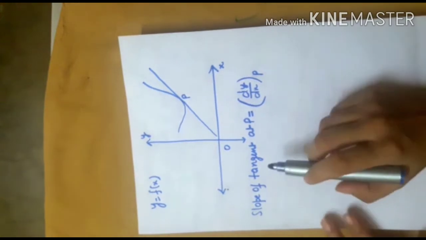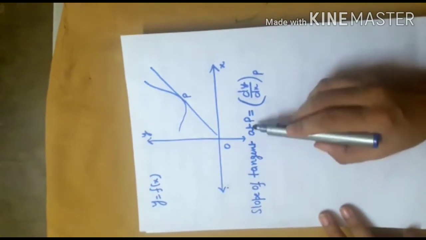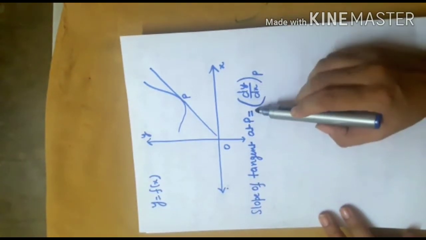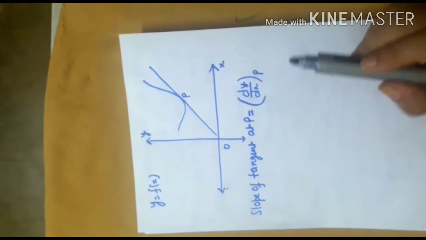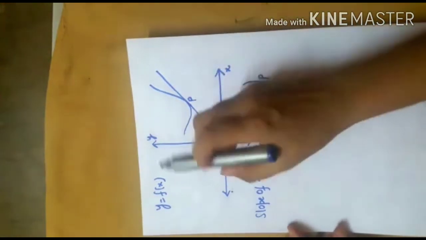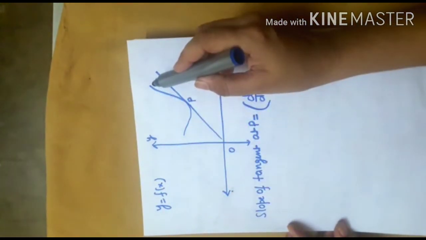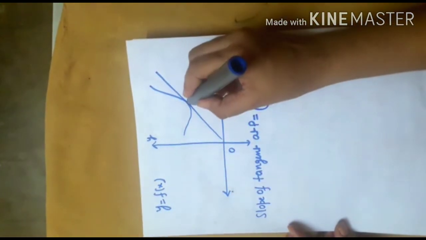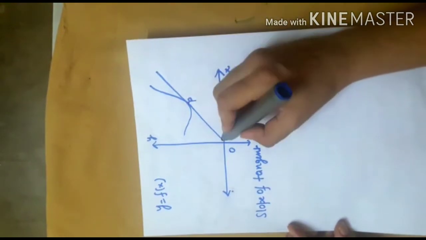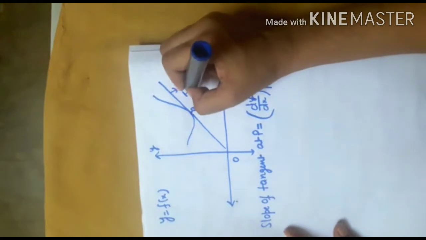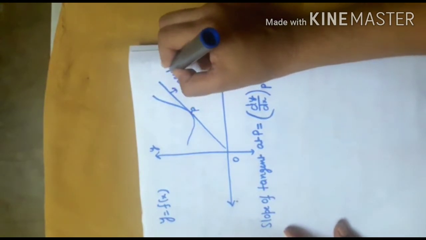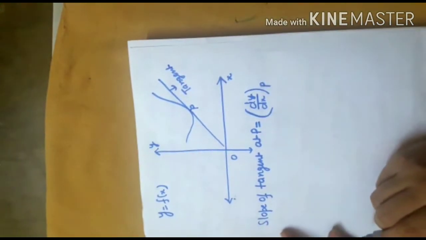So we have learned that the slope of the tangent at the point P is equal to the derivative of the function at that point P. So this is the curve y equal to f(x). P be a point on the curve at which we have drawn a tangent. So this line is the tangent line, right?